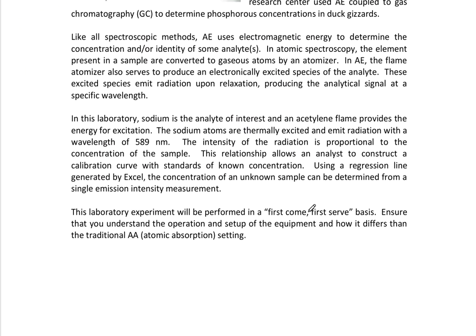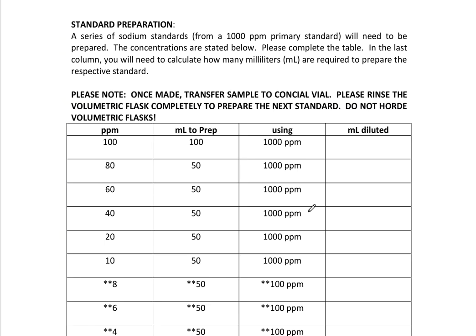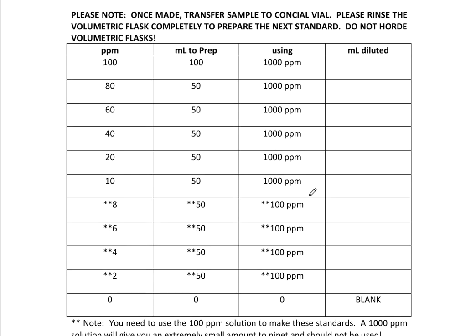All right, so as I scroll through the lab experiment, you're going to see standard preparation on the very first page of the data sheet. And depending on how many people are in the class and how we decide to divide this up, a set of standards is going to be required, and they go very low.